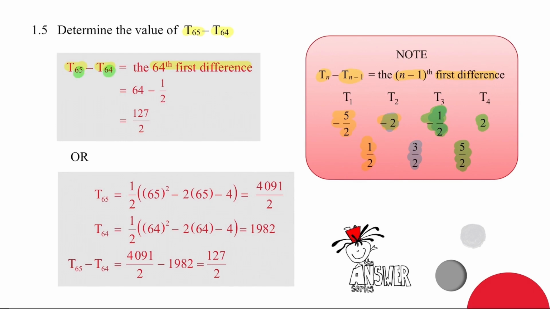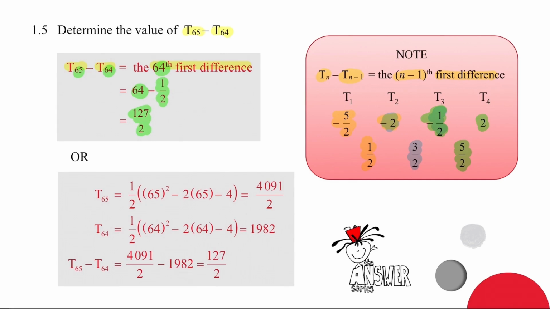When we take the 65th term and subtract the 64th term, we are getting the 64th first difference. We worked out earlier that we can create a formula for the first differences using n minus a half. So we simply substitute 64, subtract the half, and we will get 127 over 2.